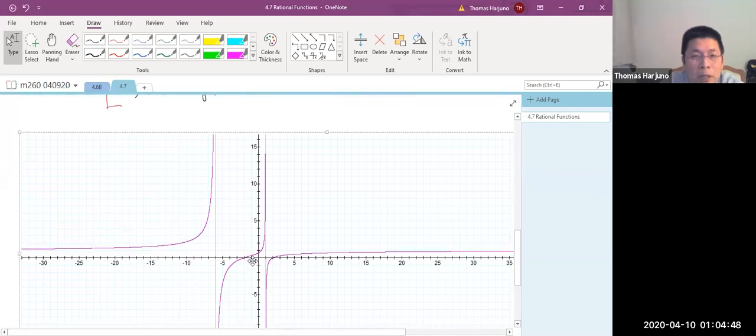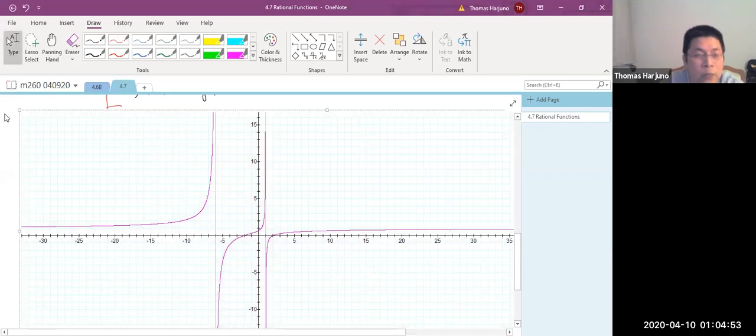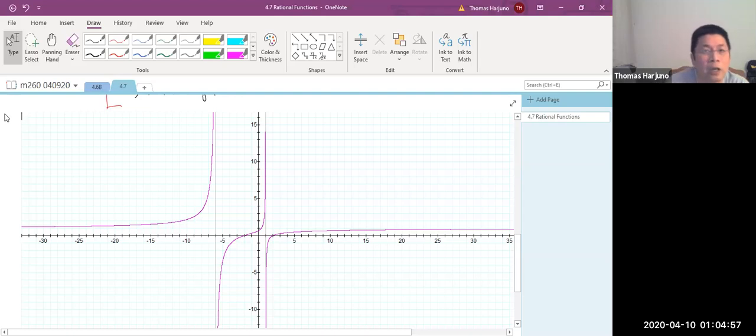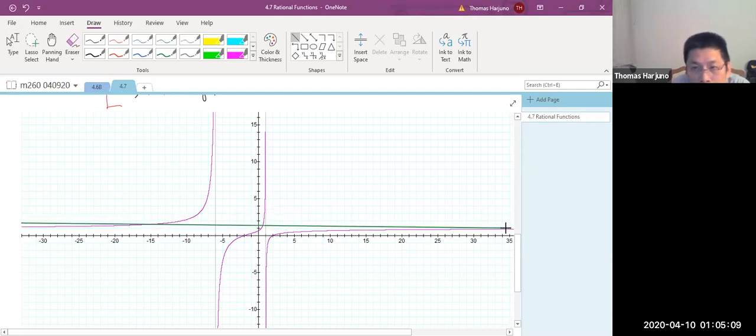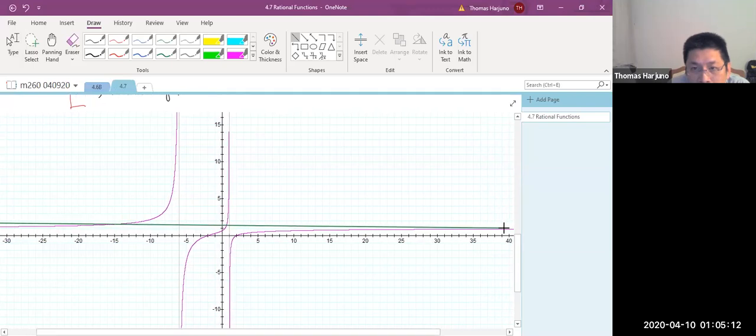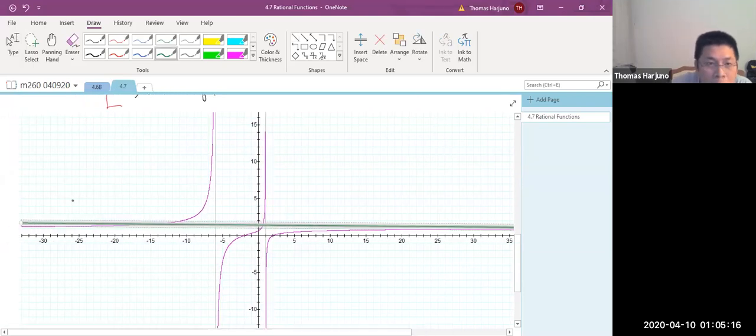Now, horizontal asymptote is a horizontal line to which the graph will get closer and closer as x approaches infinity or negative infinity.